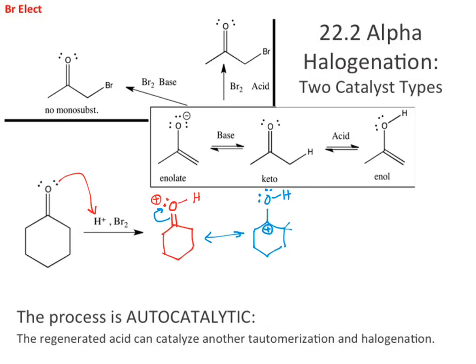We can look at the hydrogens on the alpha carbon. We can take those electrons. Let's show that in red. And we can then get to our enol state.